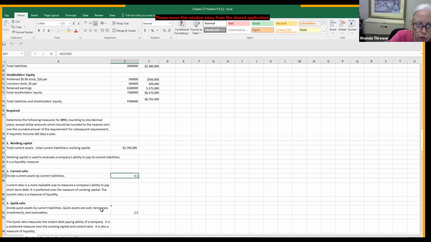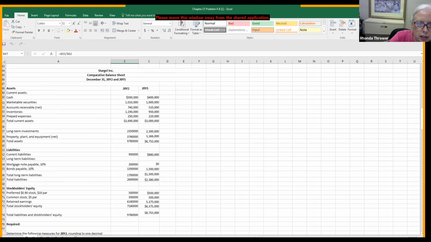Sometimes we refer to those as marketable securities. And in this balance sheet, we've referred to them as marketable securities. So your cash, your marketable securities, and your receivables are what we refer to as quick assets.